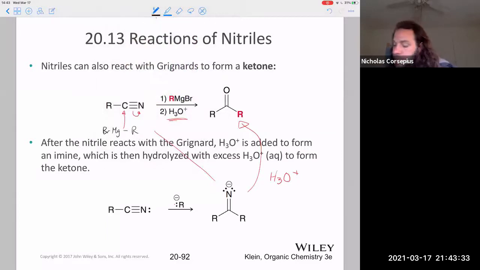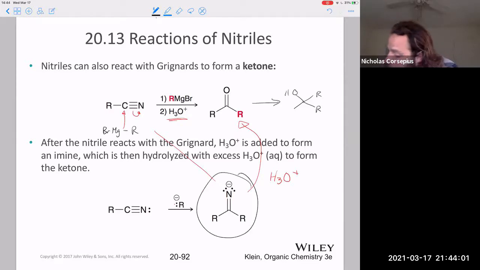Okay, ketones also react with Grignards. So why doesn't this proceed to this here? Importantly, because how you got to that ketone is through this last step here, right? So you've already added the acid that would completely kill any remaining Grignard in there.